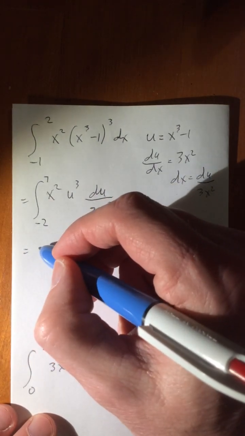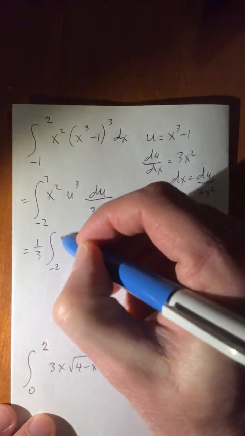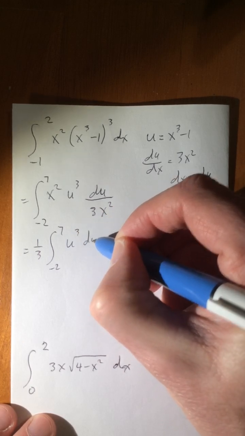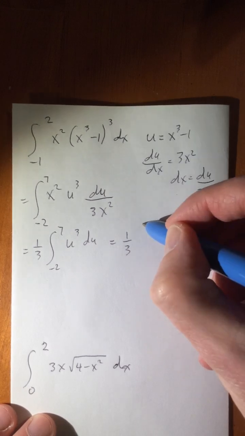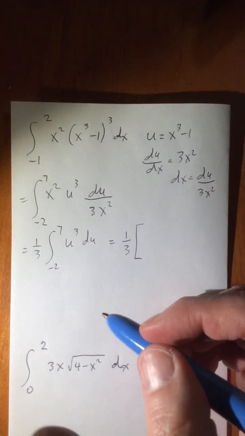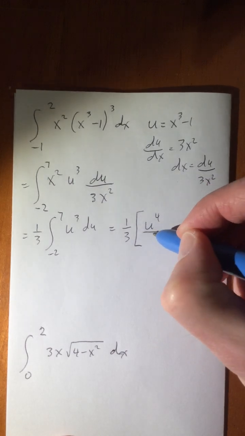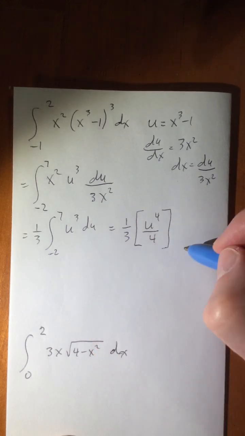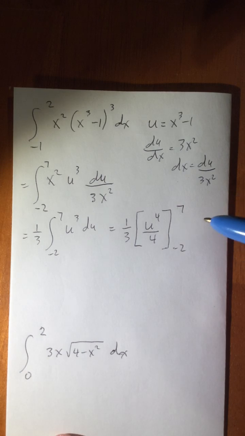So now I got 1/3 integral from -2 to 7 of u cubed du. So that's going to be 1/3 of u to the 4th over 4, evaluated on -2, 7.